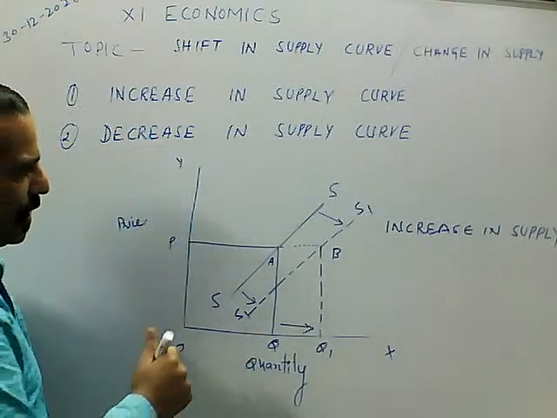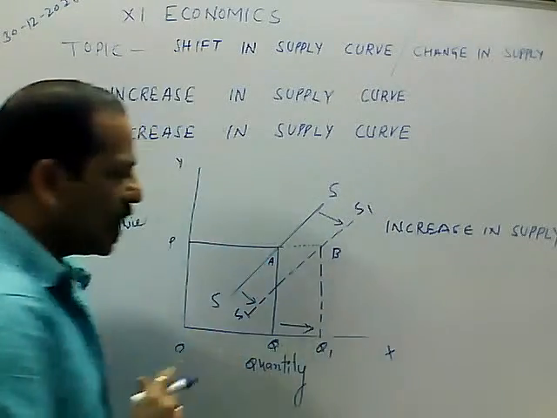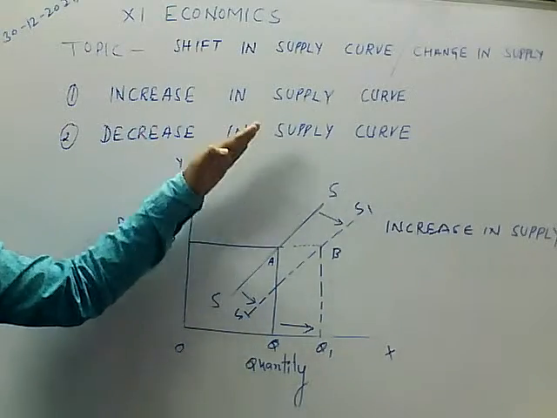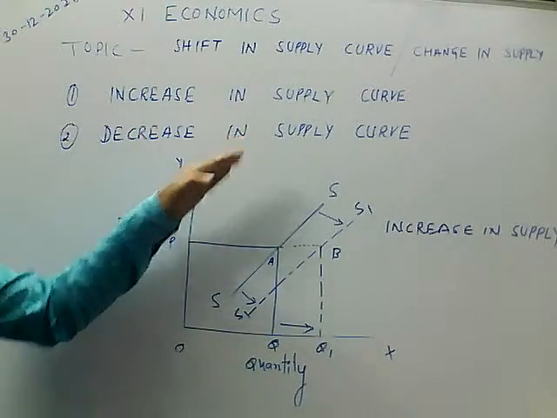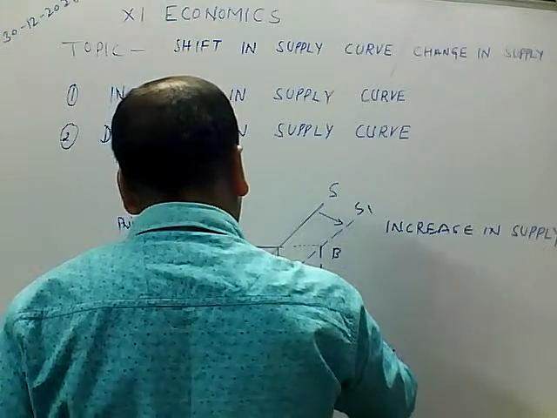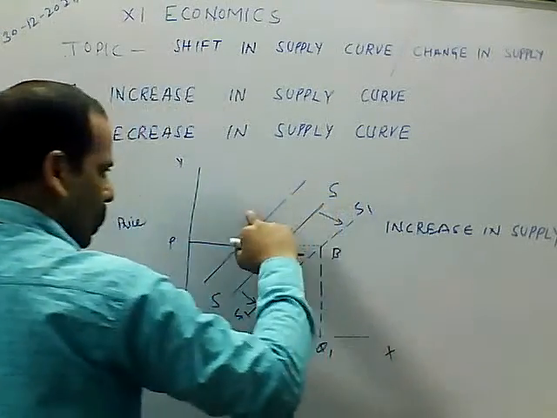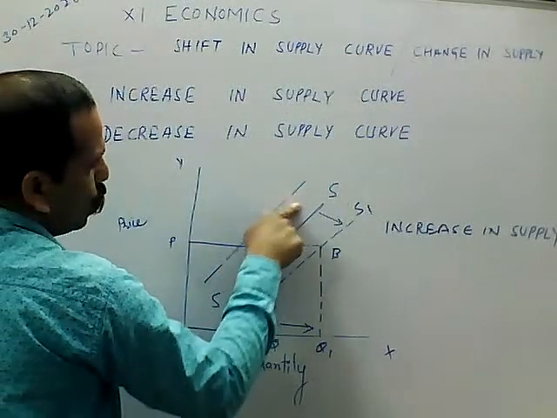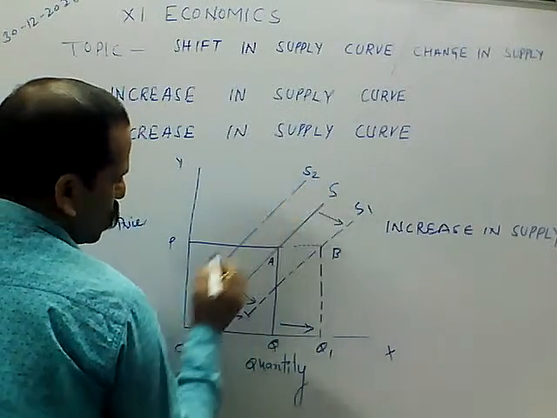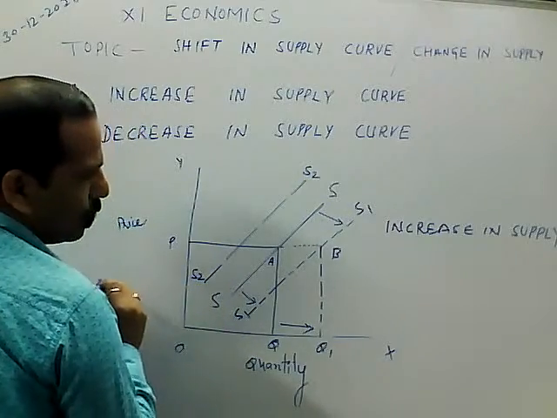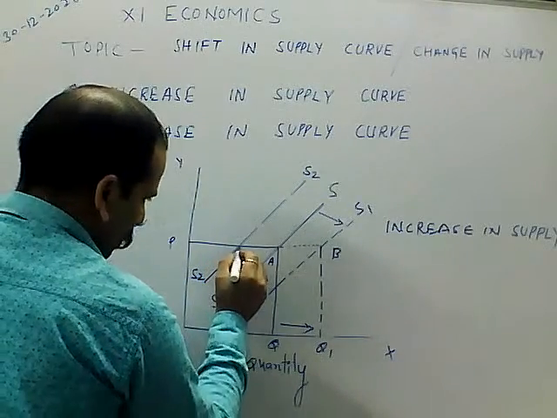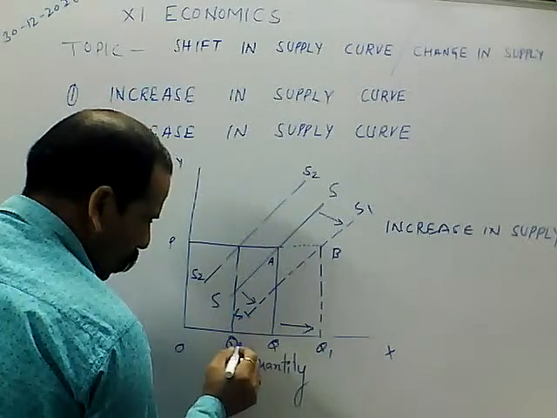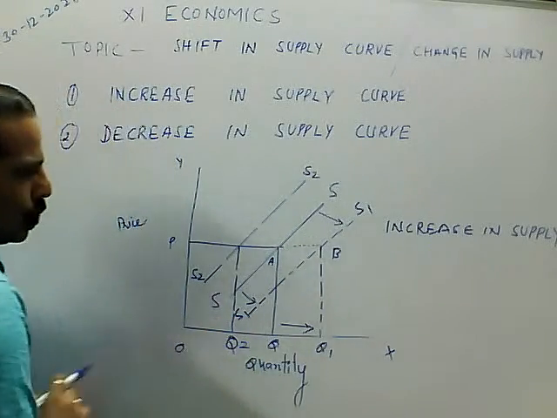Second, decrease in the supply. In this case, there will be a left hand side shift. Let this be S2, and here this is your Q2.